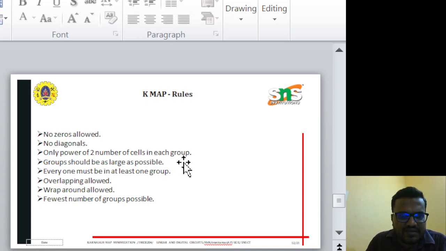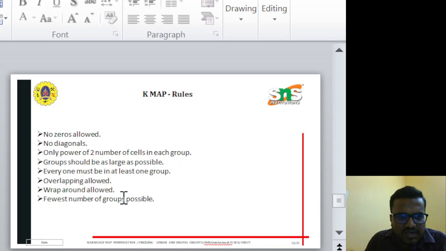We have to find what possible combinations are there in the group. Next one is every one must be in at least one group, because if the cells are together, or if the cells are neighboring, we have to check all the possible connections in the cell. Next one is overlapping allowed, because overlapping is the only method to reduce the number of columns.